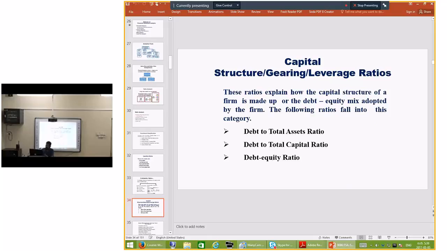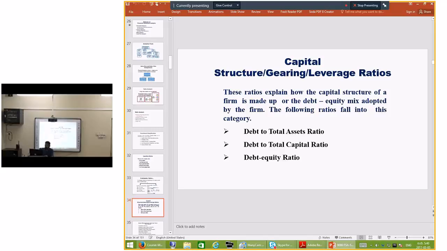Right. Then the third category, the capital structure or the gearing ratio, or otherwise we use the term leverage ratio. Debt to total assets, debt to capital ratio, total capital ratio, or debt to equity ratio. These are very important to determine the financial risk level of the organization, right? We can decide whether it is a levered company based on these results.